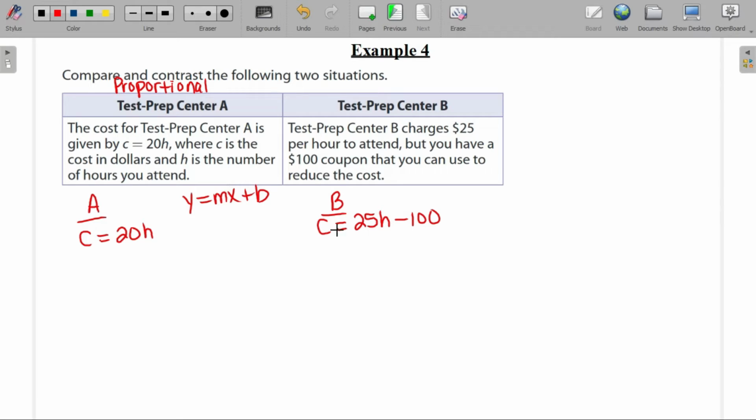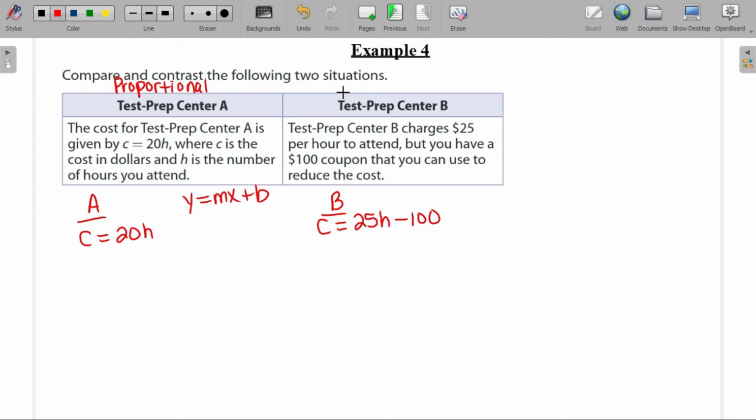We have our m, which is going to be represented by the 25 in this equation for the $25 per hour. Our h is going to be very similar to our x. And then we have a minus 100 here, which is plus b, which is our y-intercept. So when we look at this, this is also going to be a linear equation.